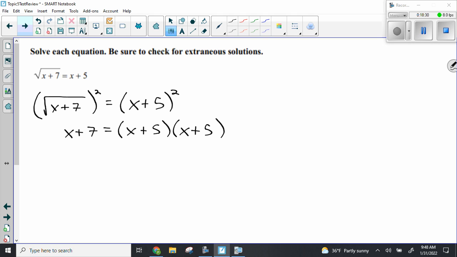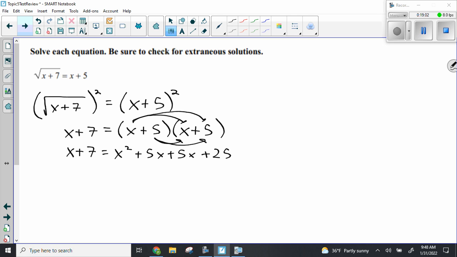The next thing that I'm going to do is go ahead and multiply out these two binomials, right? I'm going to multiply x plus 5 times x plus 5, right? And x times x is x squared, and x times 5 is 5x, while 5 times x is 5x, and 5 times 5 is 25.